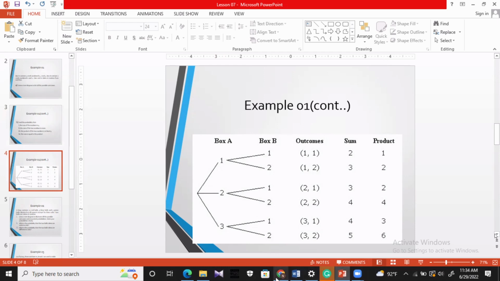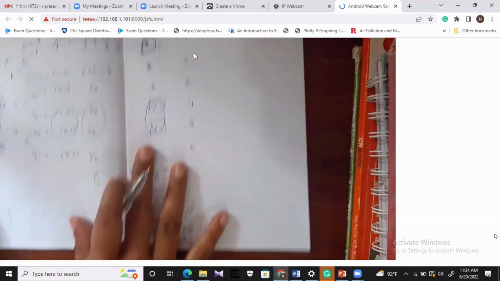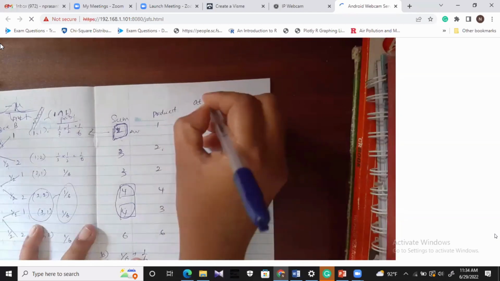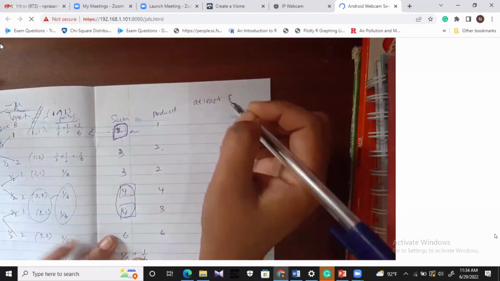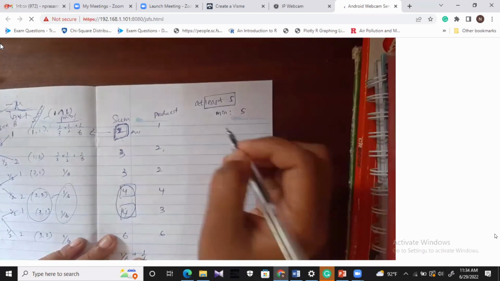Okay, let me explain it. At least 5 means the least number must be 5, or the minimum number must be 5.